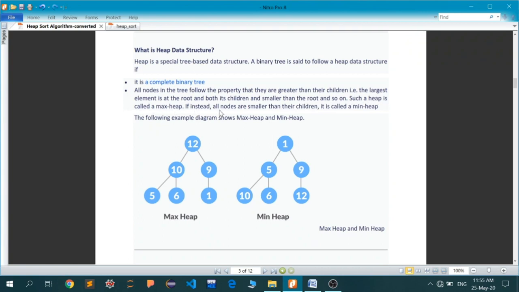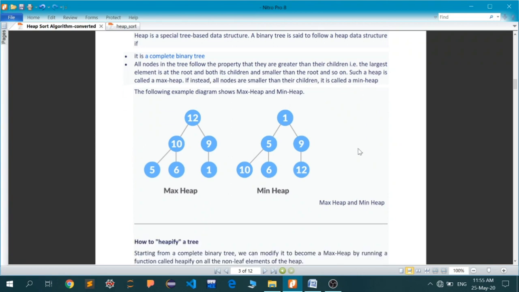And if you follow the inverted rule, that is, all nodes are smaller than their children, then it will be called a min heap, that is minimum heap. But for heap sort, we need the maximum, so we'll focus on that. I have shown two examples here of max heap and min heap. As you can see, both of these are complete binary trees because the levels apart from the leaf node levels are completely full and the data is accumulated as far left as possible.